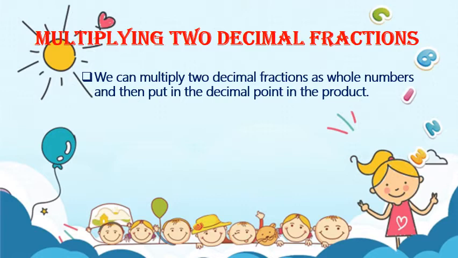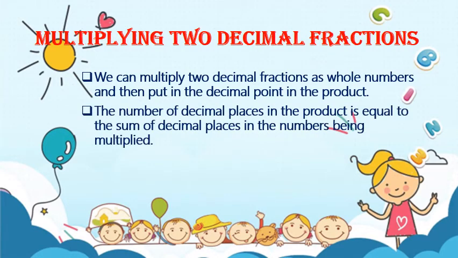That is, we consider them as whole numbers by removing their decimals, multiply the numbers, and then put the decimal point in the product accordingly. The number of decimal places in the product is equal to the sum of decimal places in the numbers being multiplied. Okay.